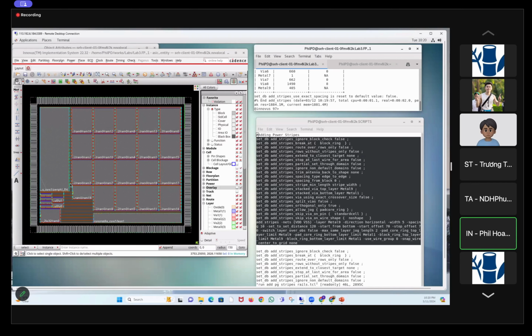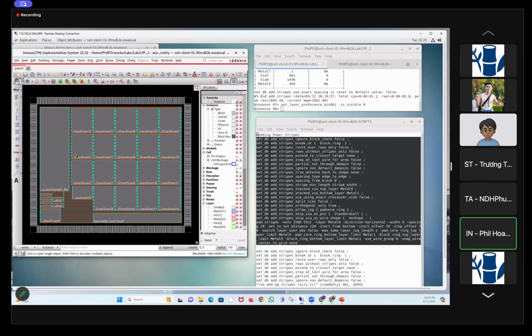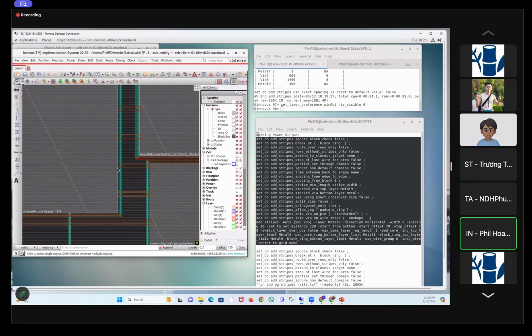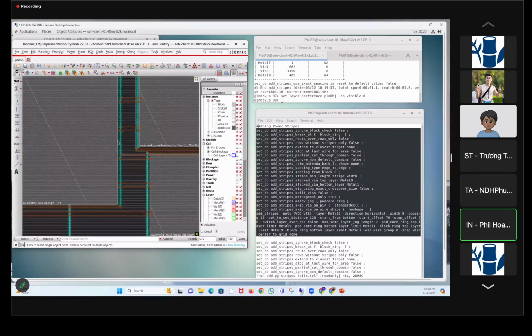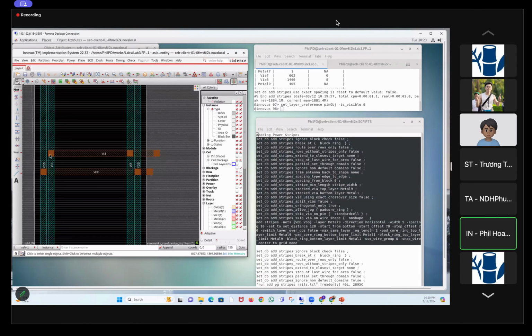So now you can see the horizontal stripes. And let's turn off this pin shape. So you see horizontal in metal 9 being built. Right, so it's just horizontal. It did connect to whatever, you see when the metal 9 is connected, it sees metal 8 here, so it just connects already.